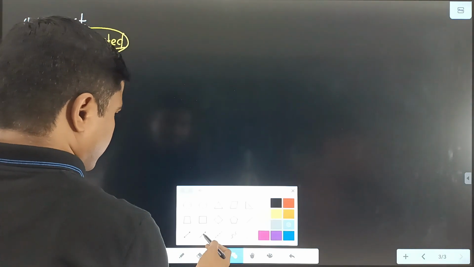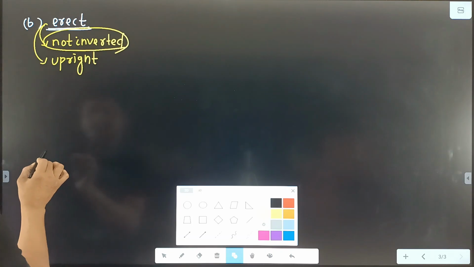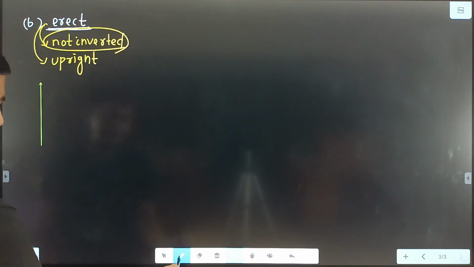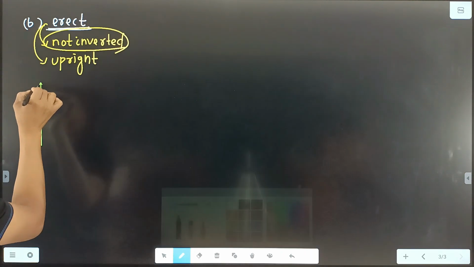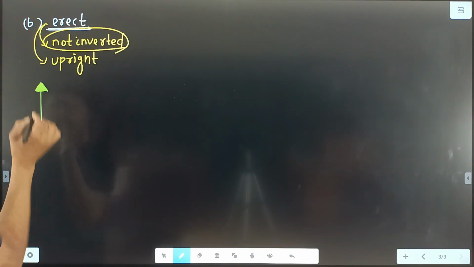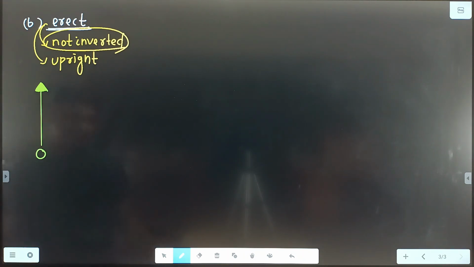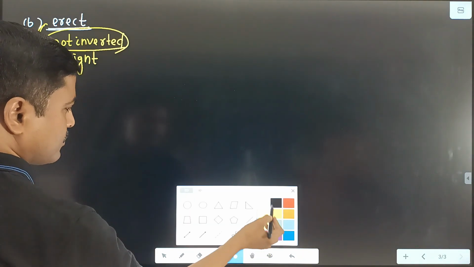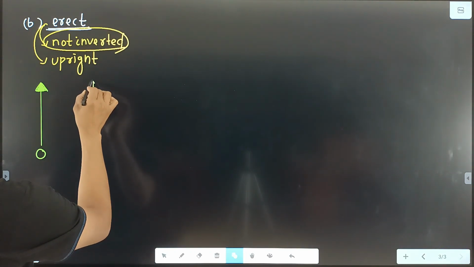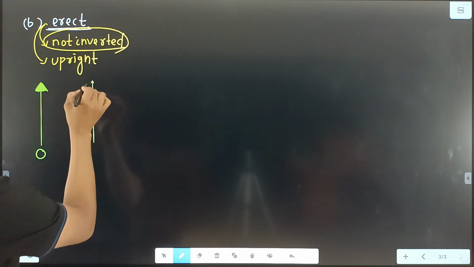And look at the figure also. Suppose this one is the object, and this is the head of the object. For the object, here we write suppose O. Similarly, suppose this one is the image of this object, and here also the head of the image is this one.